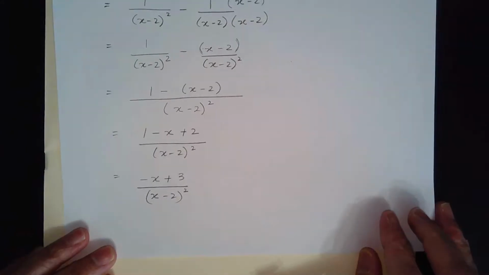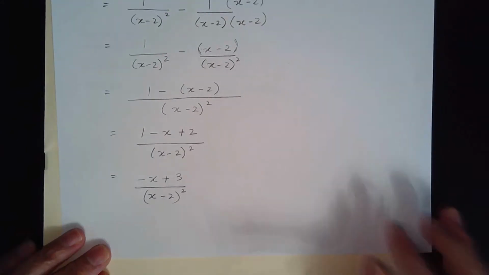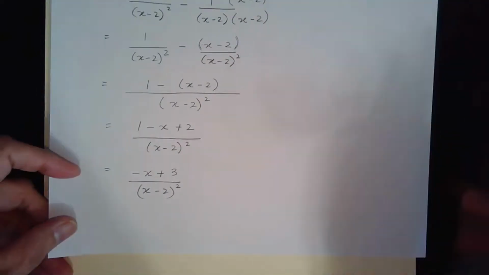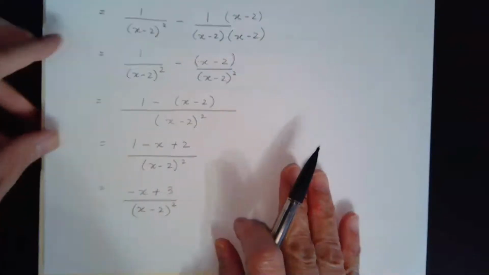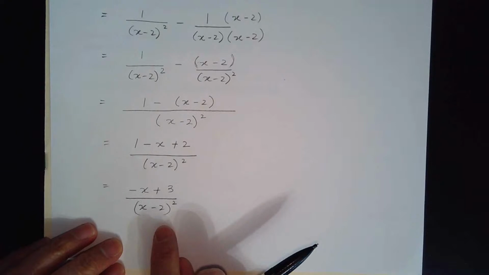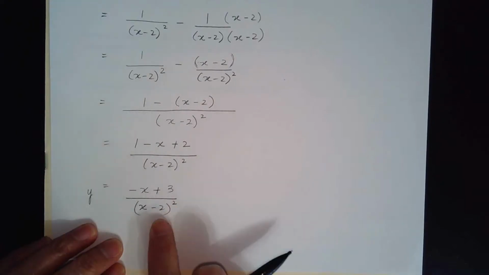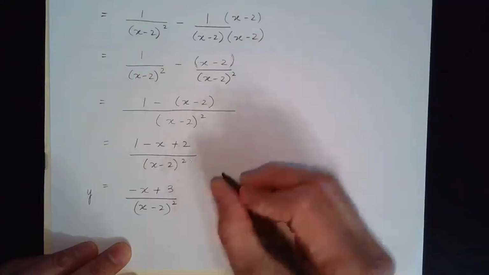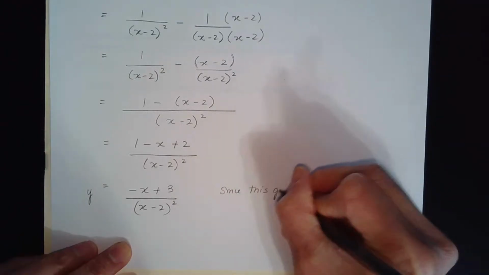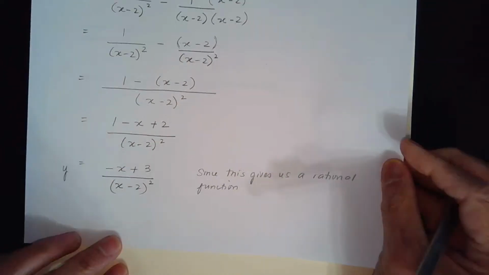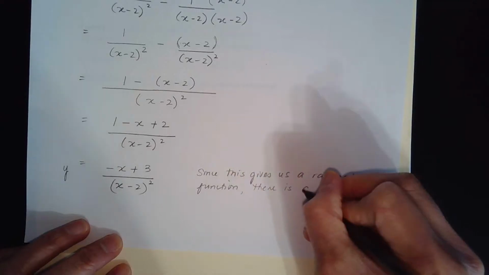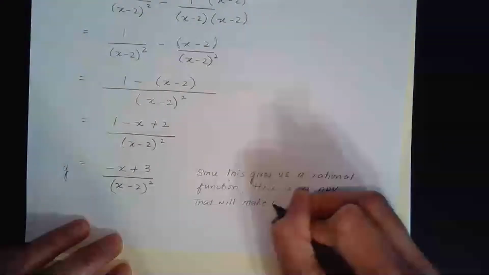Now, for the sake of time, the domain. What are the x values that are allowed? Because this gives us a rational function, there is a denominator.